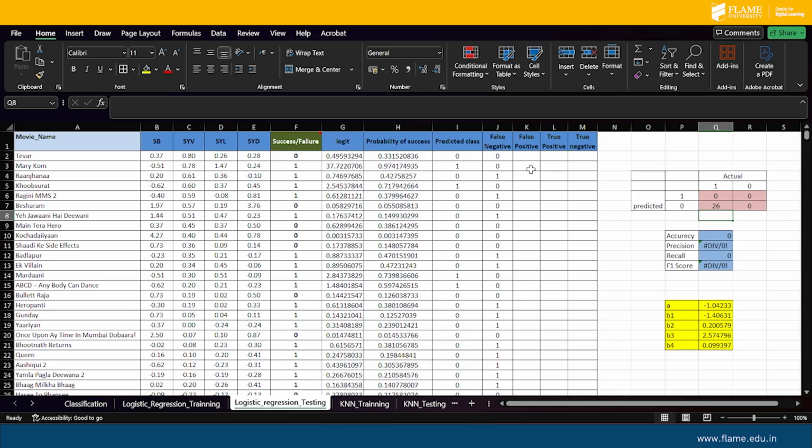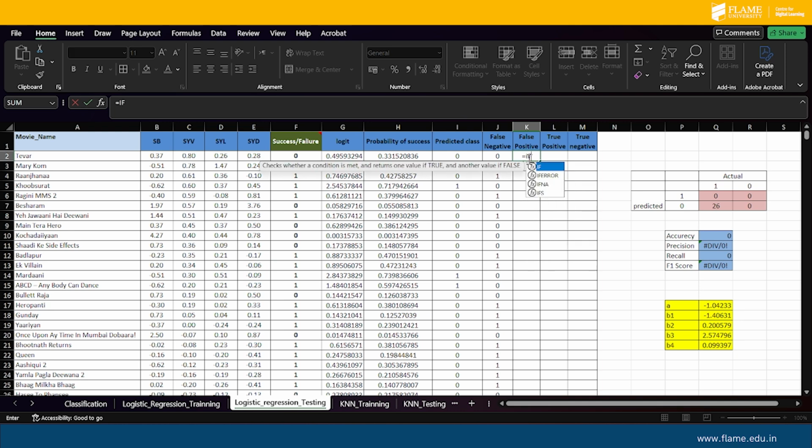Now false positive. False positive means any case that was originally 0 but predicted as 1. In that case also we can use this IF function. So the original minus this predicted class, if they are less than or equal to 0, then we can consider it as a true case.